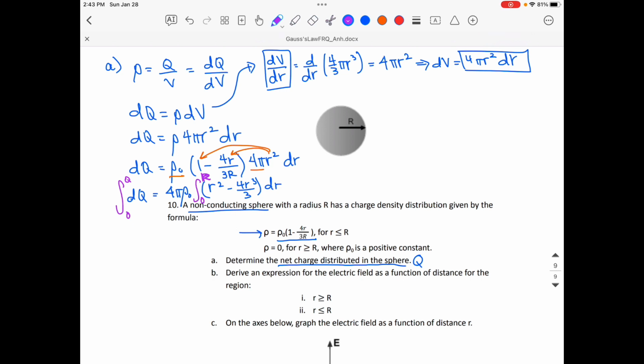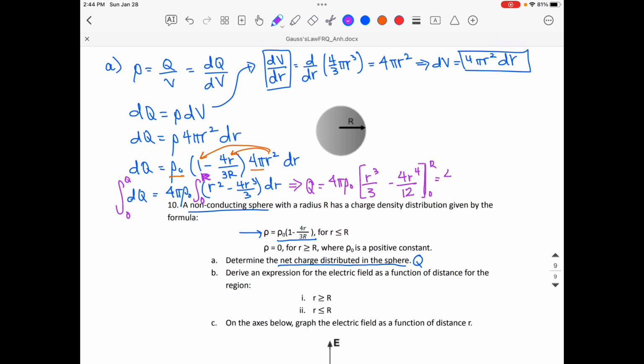So I've got here Q is equal to 4 pi rho naught times (r cubed over 3 minus 4r to the 4th over 12R), because I'm multiplying by the power 4 and I'm dividing it to the bottom, which is 4 times 3. And then from there, I'm going from 0 to big R. So I'm going to do it with this expression right here.